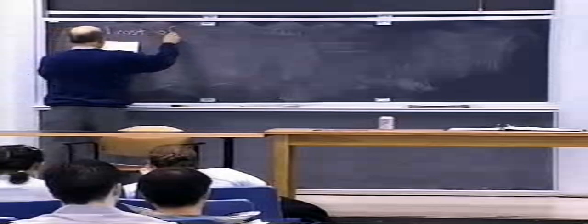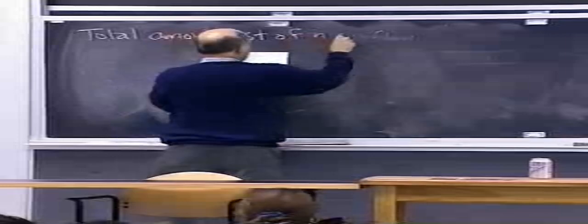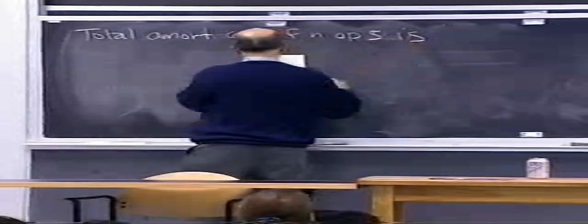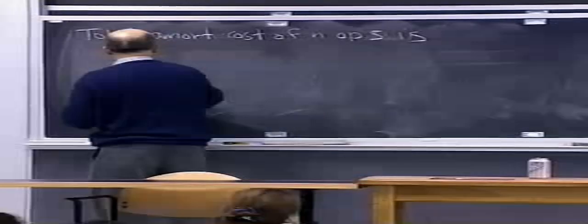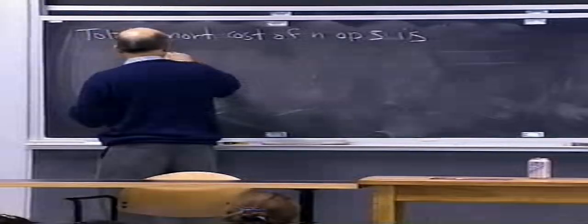Okay, so now we get to do some math. Why is this a reasonable scheme? So the total amortized cost of n operations is the summation i equals 1 to n of c sub i hat.